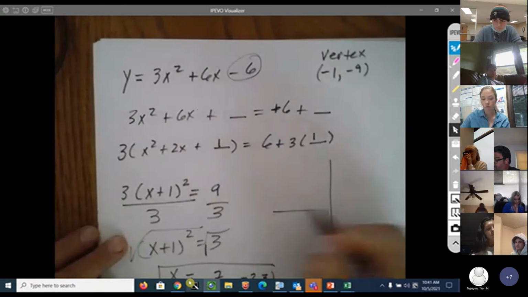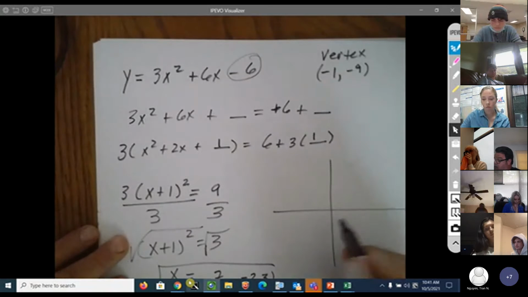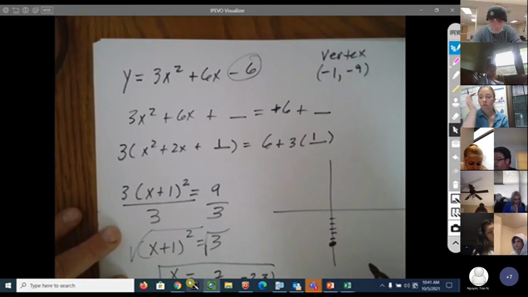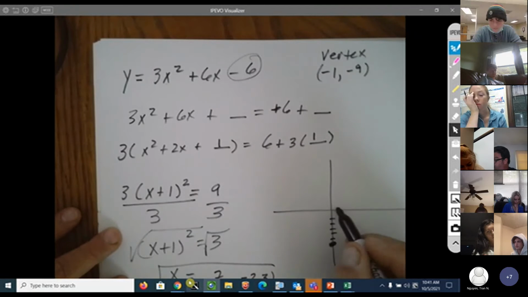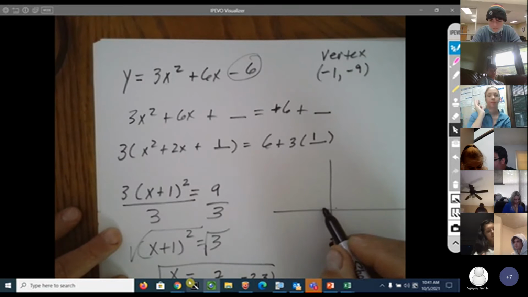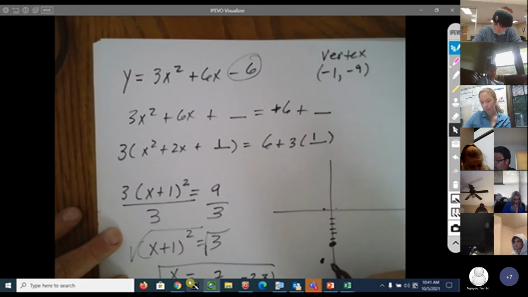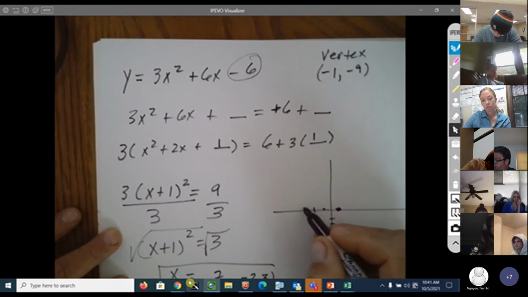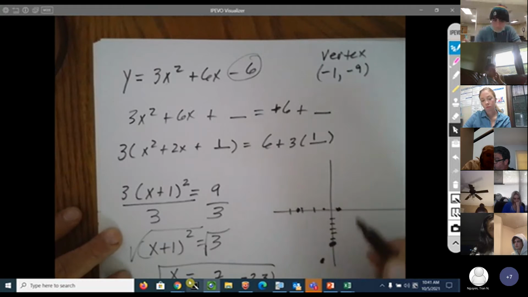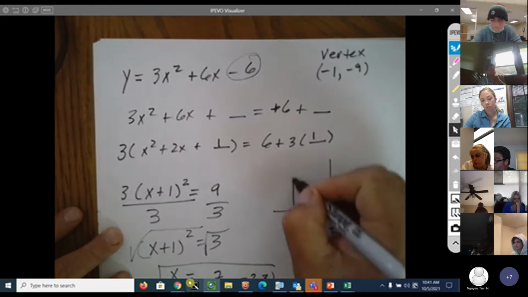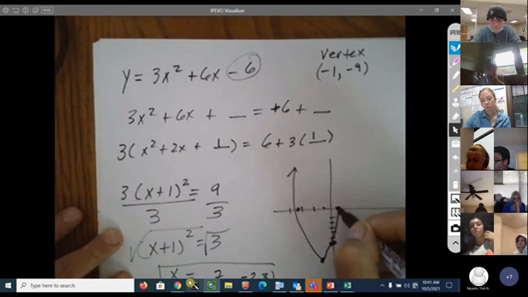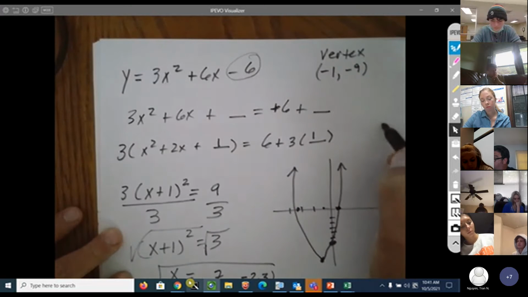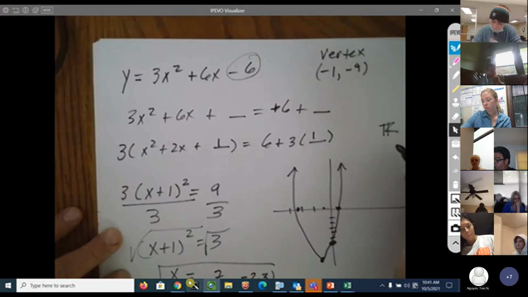So we've got a graph with a 1, 2, 3, 4, 5, 6, y-intercept of -6, a vertex of -1 and -9, and 0.7 and -2.3. All real numbers is the domain.